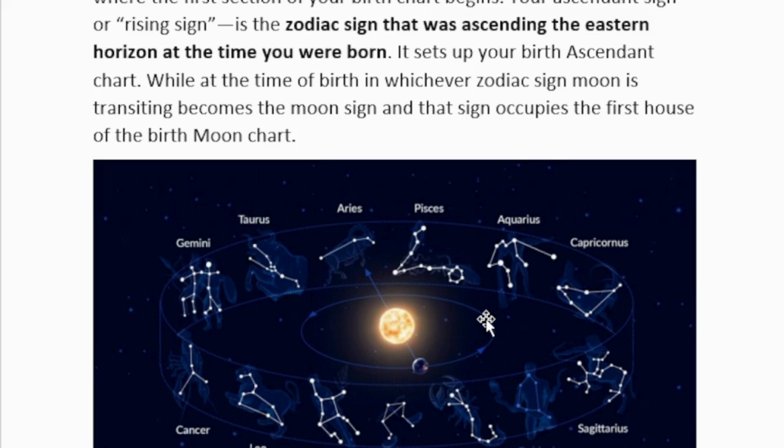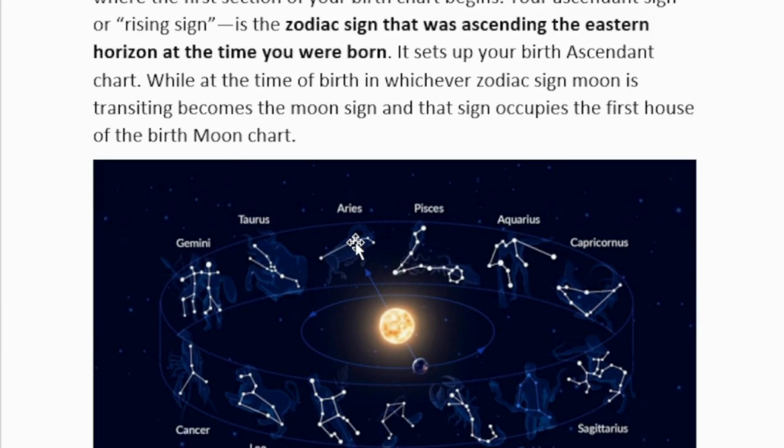So at the time of birth, whichever zodiac sign out of these 12 comes at the eastern horizon of the earth, as it keeps moving throughout the year, whether Aries, Taurus, Gemini, Cancer, Leo, or any other, occupies the first house of the chart.